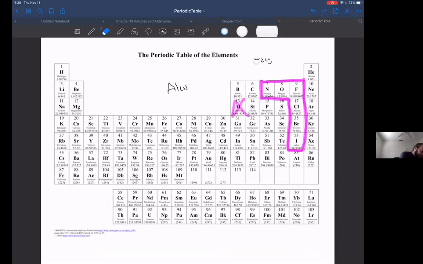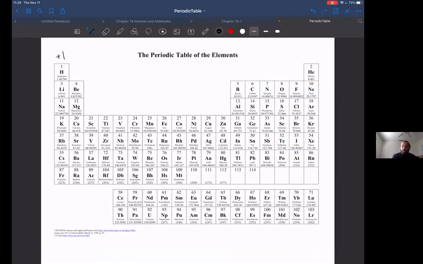All right, and so I'll remind everybody real quick. We can look at the periodic table and tell what the charge is on these monatomic ions. Everything that lives in column 1 has a +1 charge. Everything that lives in column 2 has a +2 charge. For the transition metals, you have to either be told what it is in the name. So for example, iron 3 chloride would have a +3 charge on the iron. That's what that iron 3 means.